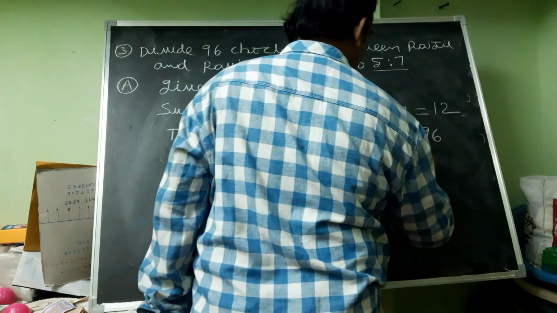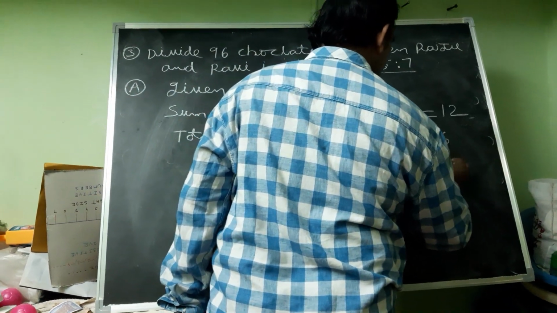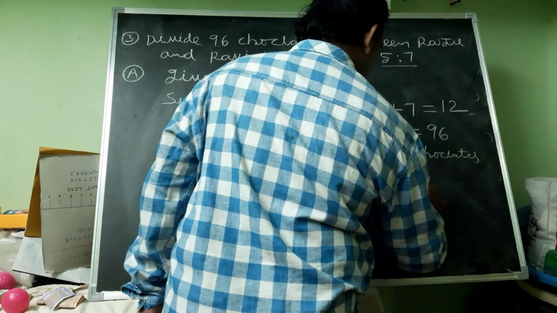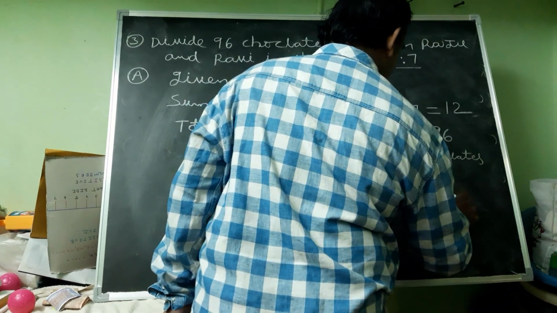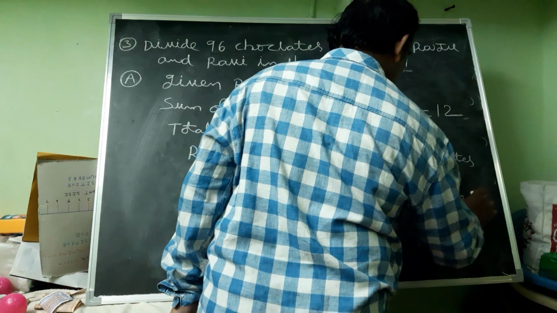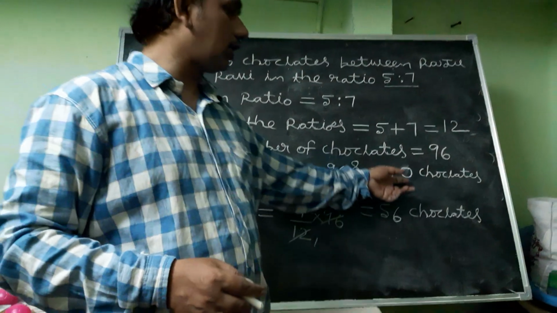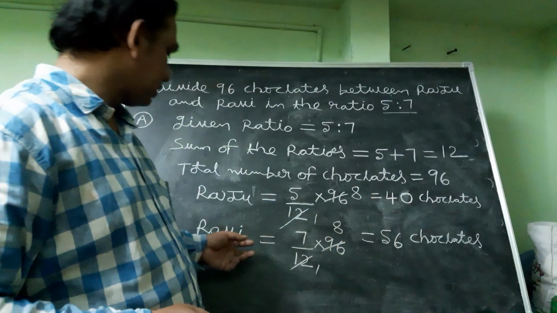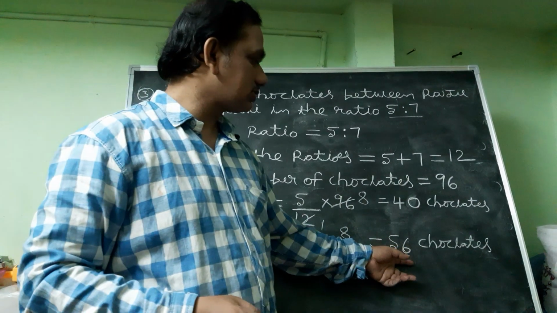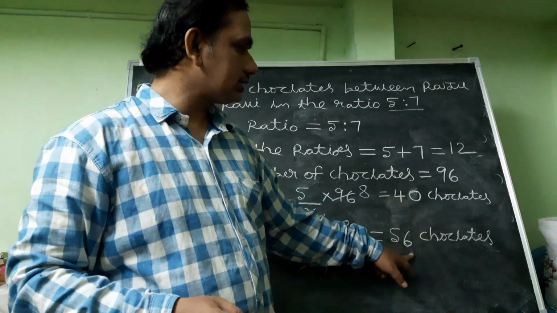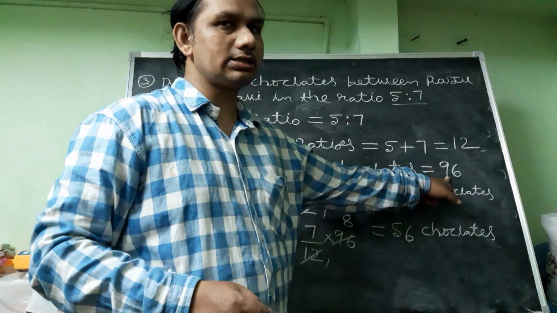So here 40 chocolates, here 56 chocolates. Raju has 40 chocolates and Ravi has 56 chocolates. We will add the total chocolates. Total is equal to 96.